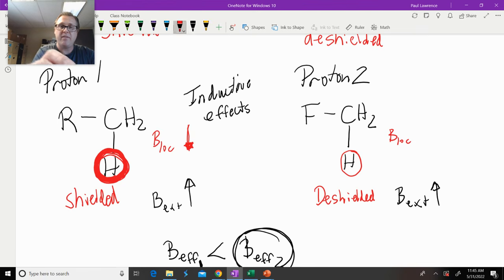We see that we have a fluorine atom here, which is very, very electronegative, which is going to pull electron density towards the fluorine atom. So that's going to leave less electron density for the proton. All right? Whereas alkyl groups have a tendency to be electron donating. So it's going to be shielded. Okay?